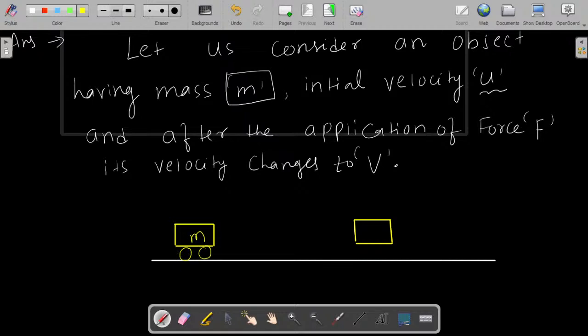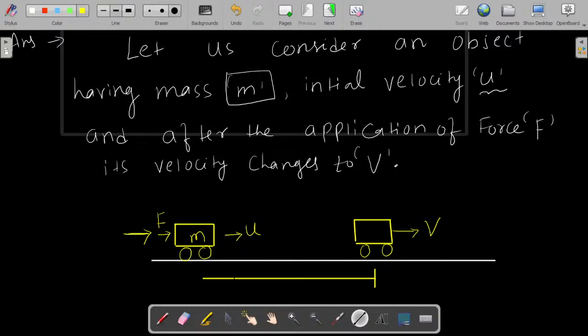Its mass is m, initial velocity is u. With the application of this force, its velocity changes to v, and it covers some displacement, from here to here. Suppose this displacement is s.